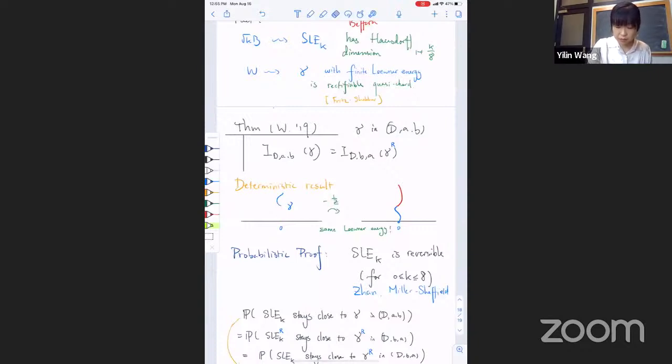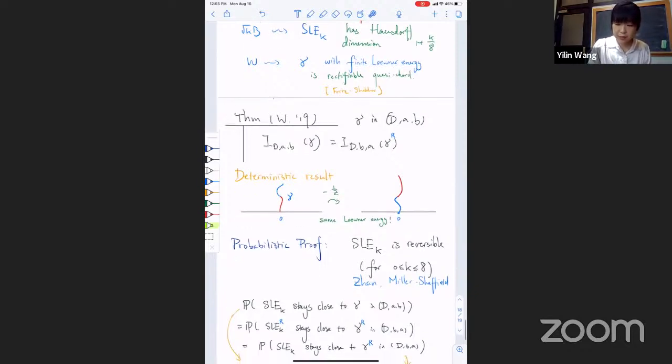So it depends on the red part, but after inverting it, it will just depend on the blue part. So this dependence is totally exchanged, and it's very hard to write down how this driving function is related to this driving function. And it's very hard to do deterministically.